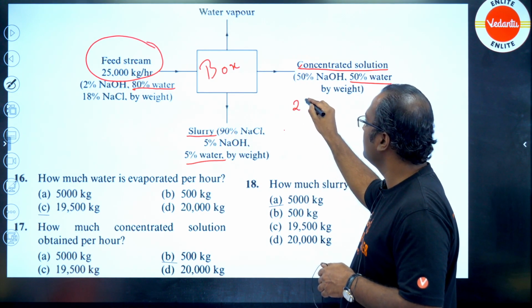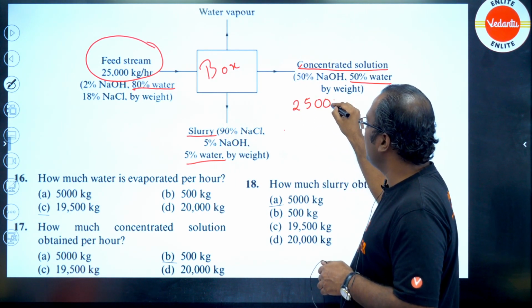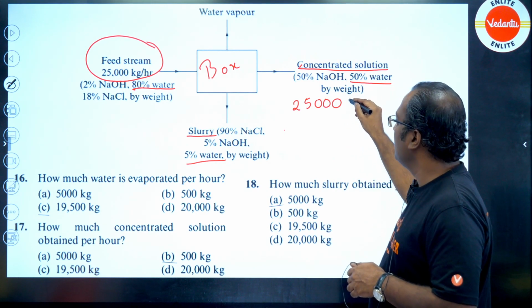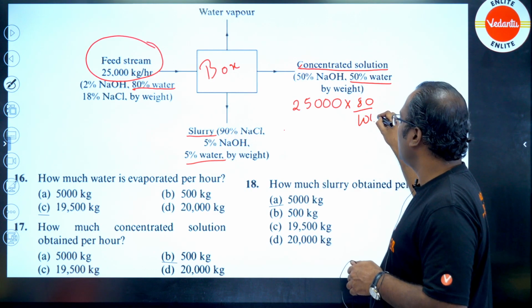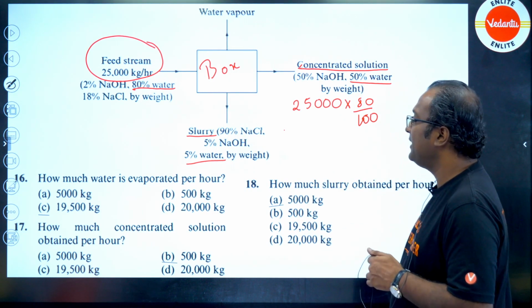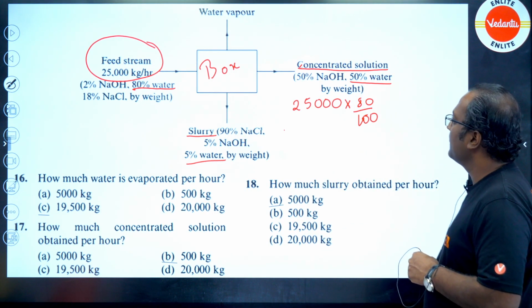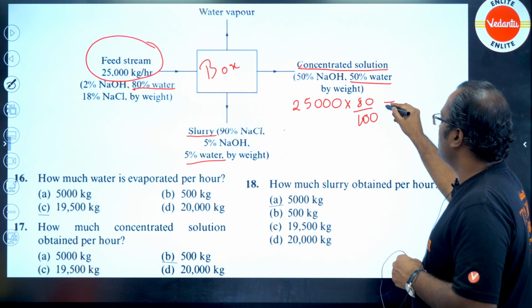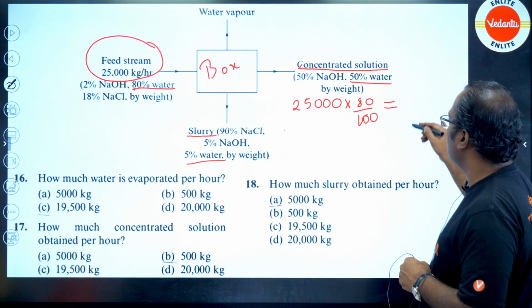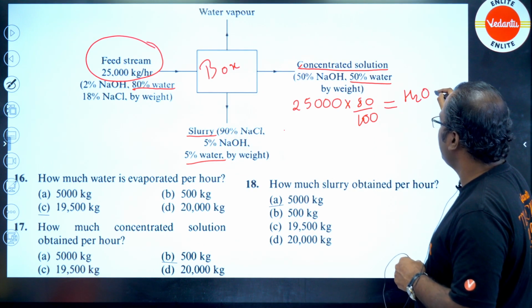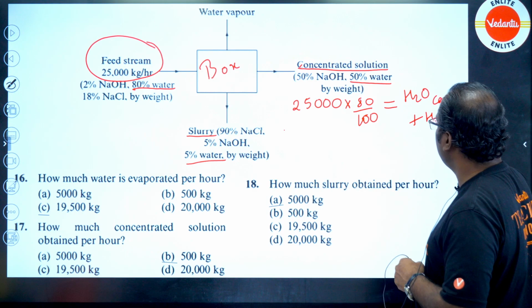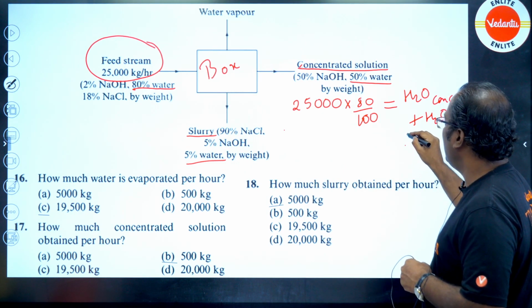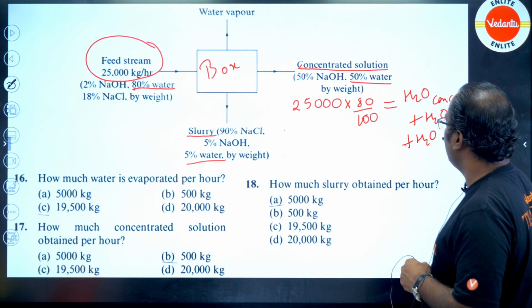The feed rate is 25,000 kg per hour. Its 80% is water. So this much is the water feed rate in kg per hour. This is equal to the water in the concentrated solution plus the water in the vapor plus the water present in slurry.